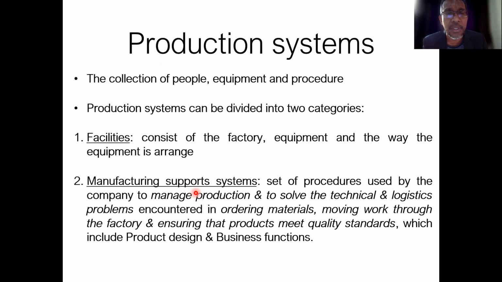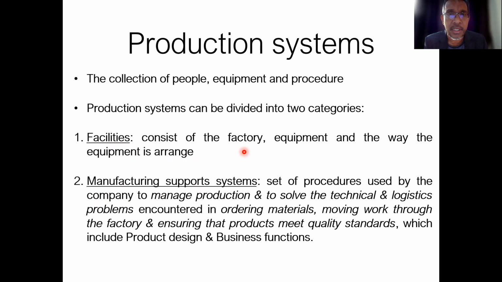The production system is the collection of people, equipment, and procedures. We have facilities on the production floor side, which we call the factory. We have equipment, machining, and tooling. The procedures are like MOP, machine operating procedure, and production operating procedure.